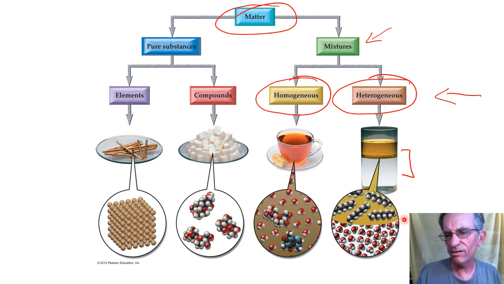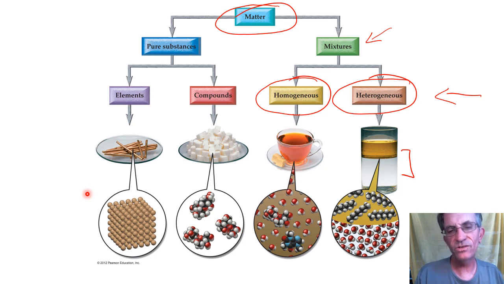A molecule, I don't know if I mentioned it, is basically what we call one unit of a compound. Now in a homogeneous mixture, everything is mixed together. All right, mixtures, heterogeneous and homogeneous.